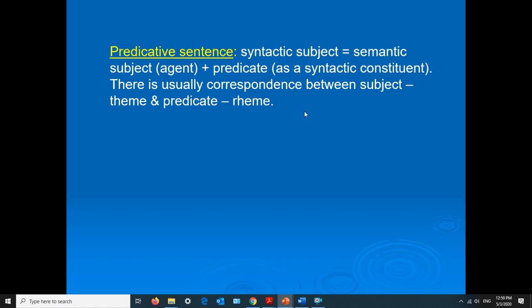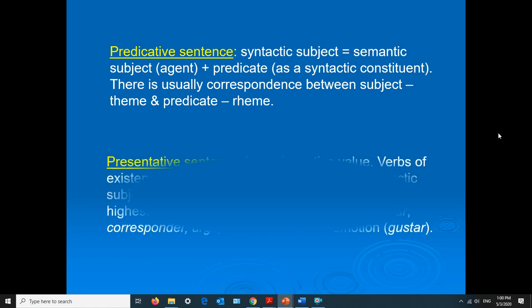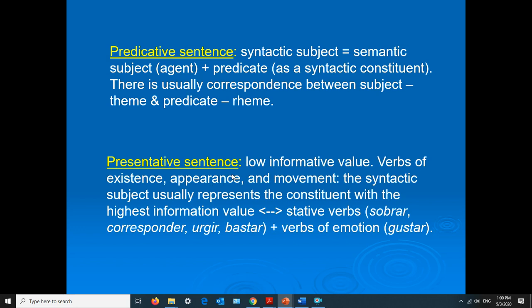So this is the canonical transitive sentence in which we have an agent that does something, and this something is located in rhematic position. It is usually associated with new information. In a presentative sentence, the subject has low information value. And what we have in use is verbs of existence, of appearance, and movement.